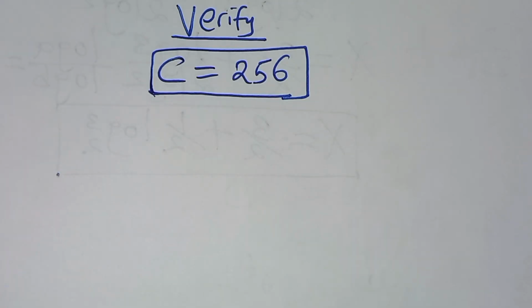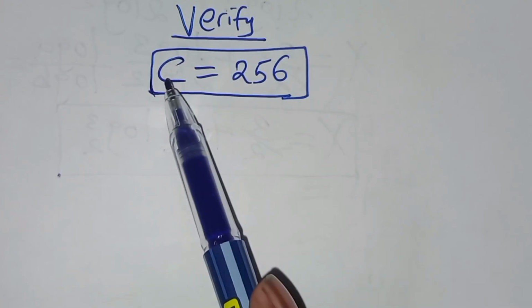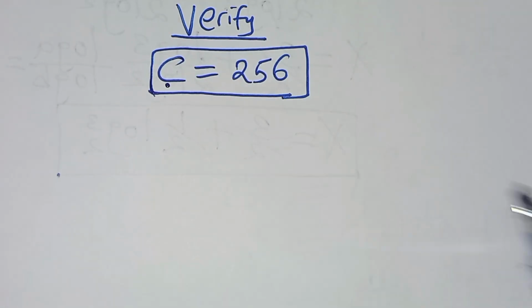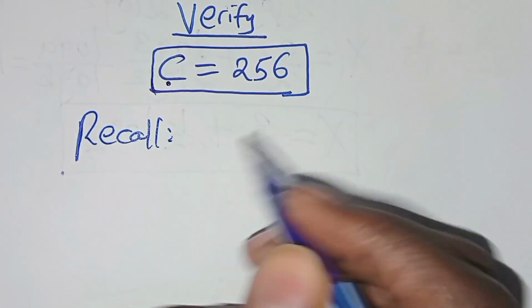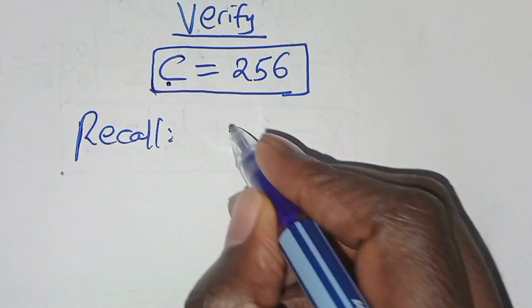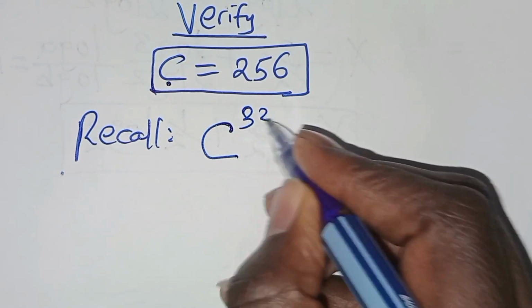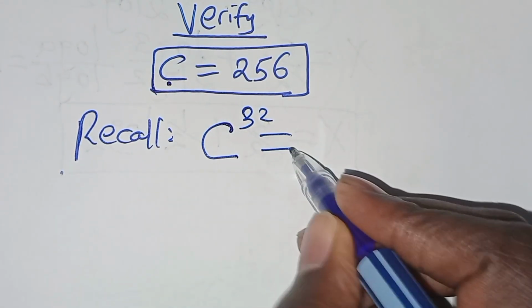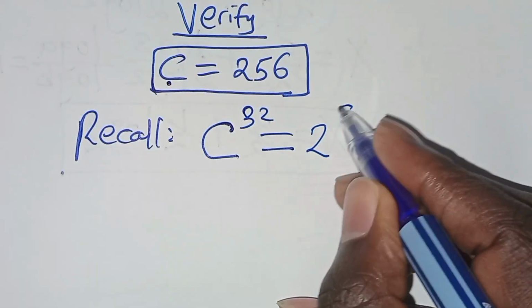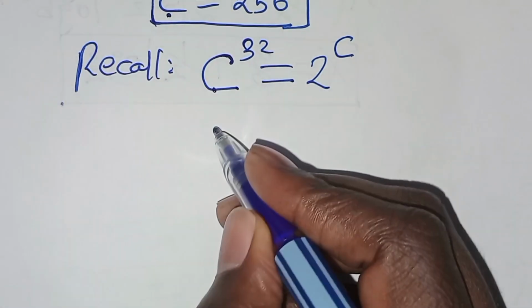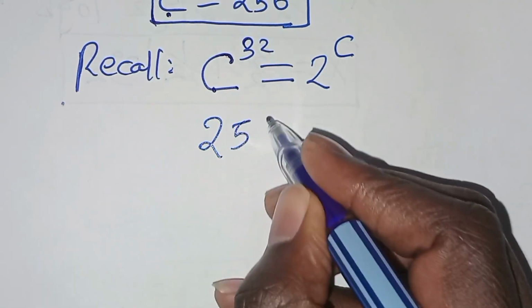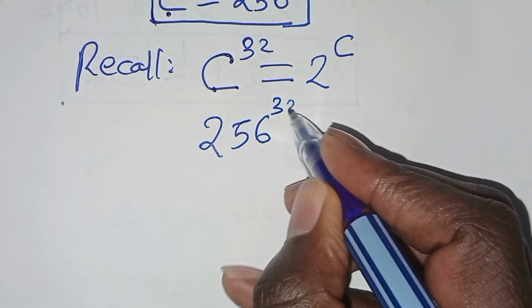Now let's verify that the value of c, which is 256, actually satisfies the equation. Now, if you recall, we have that c to power 32 is equal to 2 to power c. Substituting the value of c here, we'll have 256 raised to power 32.